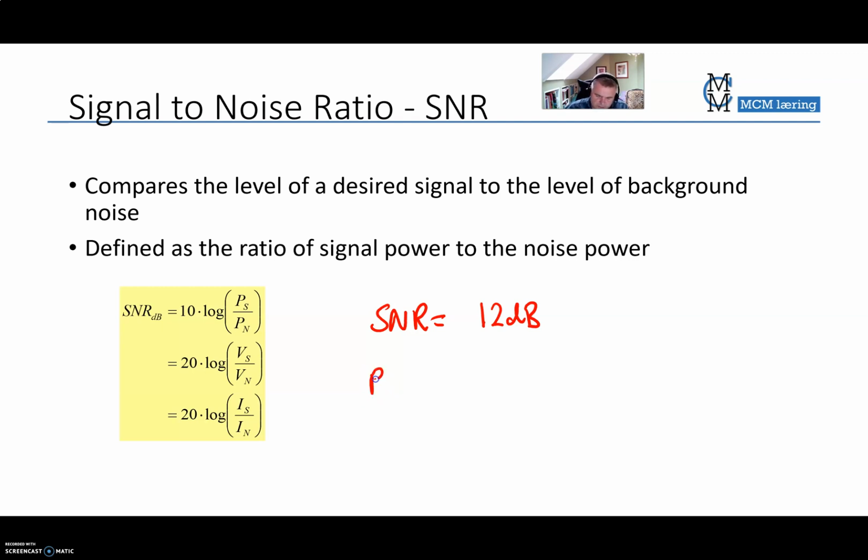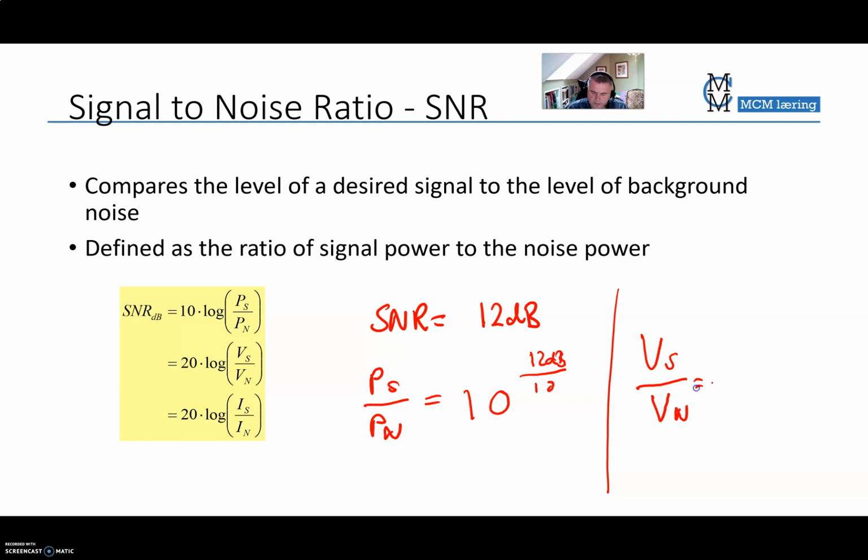So P signal over P noise is then 10 to the power of 12 decibels divided by 10. And if it was voltage we talked about, voltage signal over voltage noise equals 10 to the power of 12 decibels over 20.